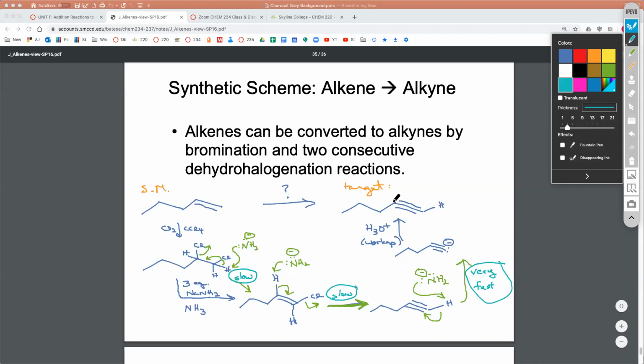Or, as we'll see in chapter 12, alkynes can be converted either to alkanes or to alkenes via a reduction reaction through hydrogenation. And so those are going to be some really important reactions that we'll look at, and that would be covered then on the final exam.